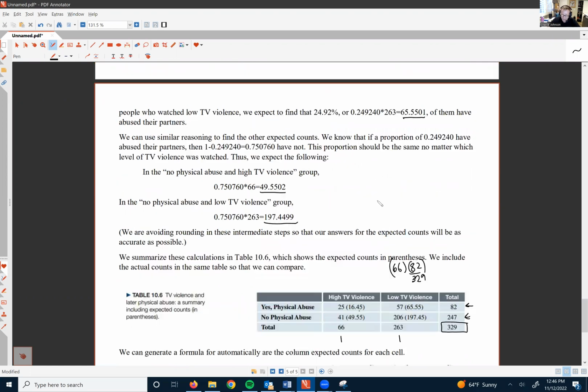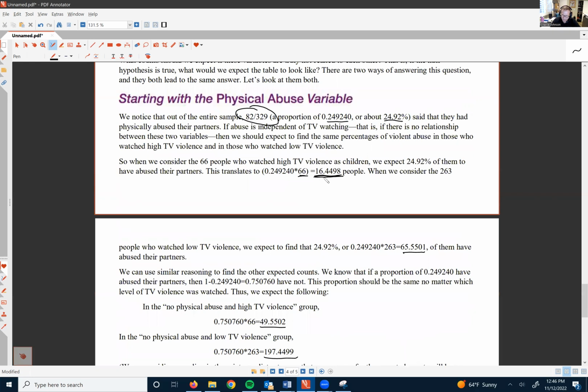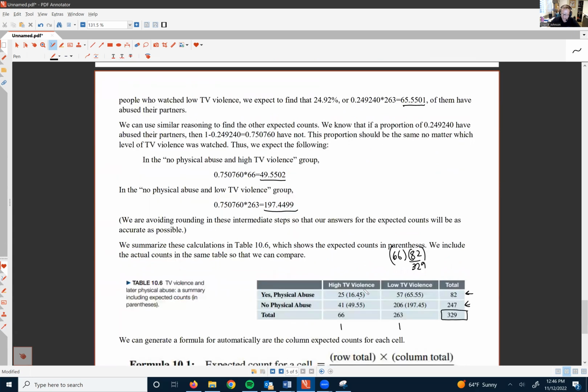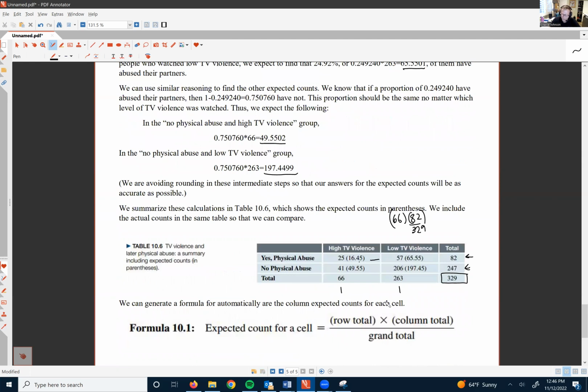So for this entry, the 16.45 from the physical abuse, high TV violence cell, we took the row total of 82, multiplied it by the column total of 66, and divided by the grand total of 329. So this is how those expected counts for each cell are calculated.